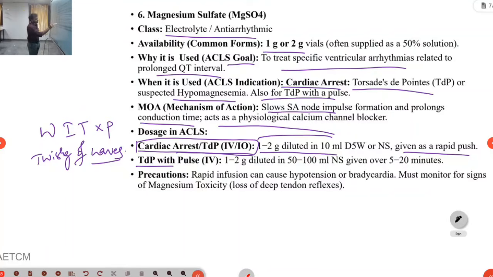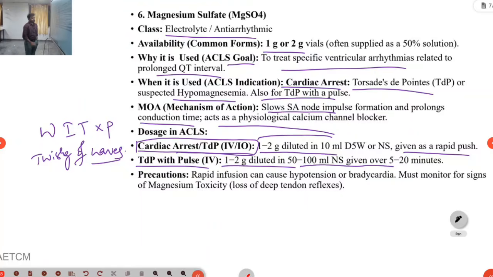For torsades de pointes with a pulse, we can give 1 to 2 gram of magnesium sulfate diluted in 50 to 100 ml normal saline over 5 to 20 minutes. In cardiac arrest we can give it as a rapid push, but in torsades de pointes with a pulse, the 1 to 2 gram is diluted in 50 to 100 ml normal saline and given over 5 to 20 minutes.